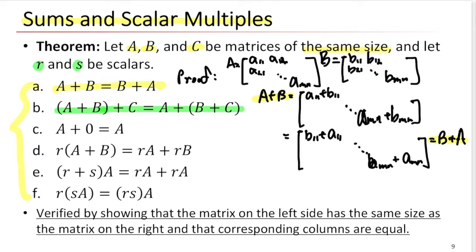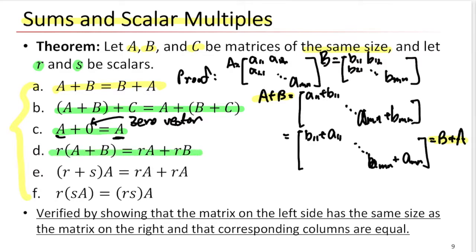Then what about this one? A plus 0, where 0 means the zero matrix, right? The size of this zero matrix should be the same as the size of matrix A, so the output of this equation is the matrix A itself. Okay. What about this one?